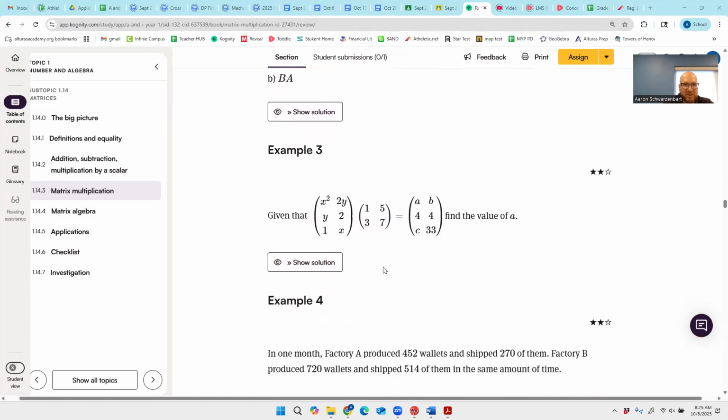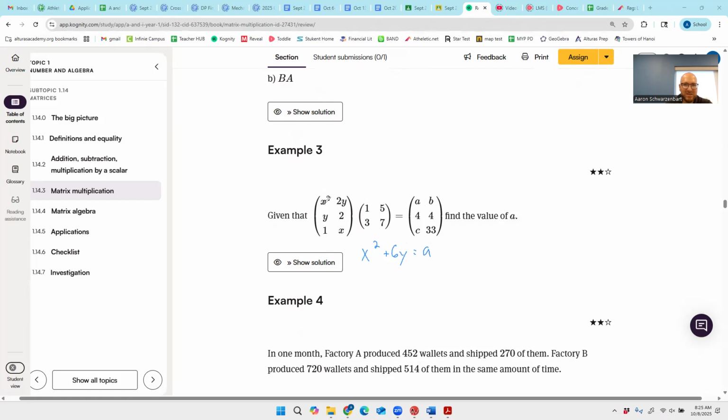So, given this, find the value of A and B, and well, we're going to find all three of them. I don't care that they didn't ask for them all. So, row 1 times column 1. x squared plus 6y equals A. So when I multiply, does that make sense?